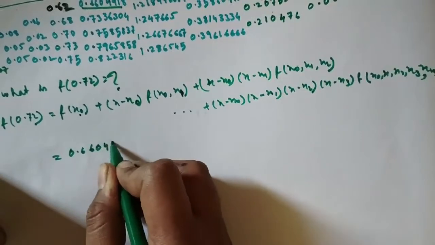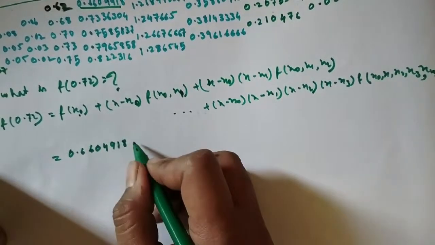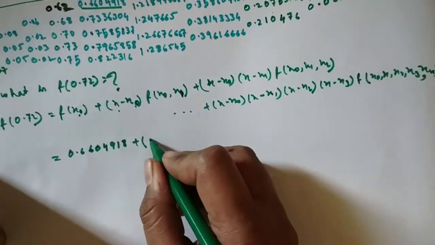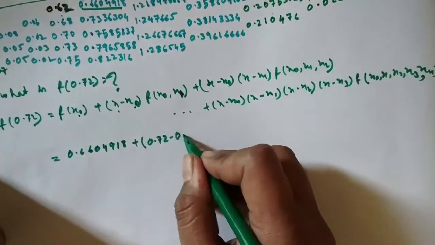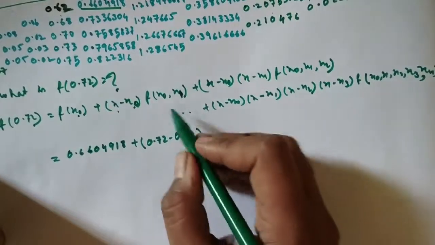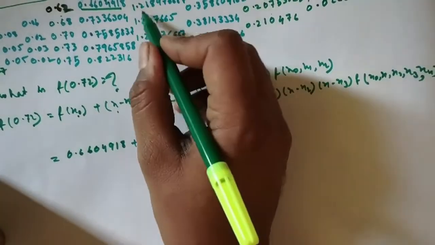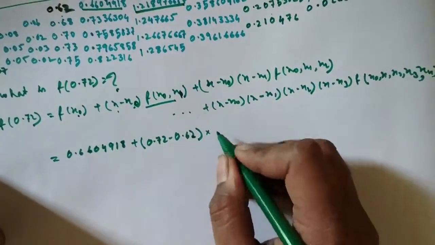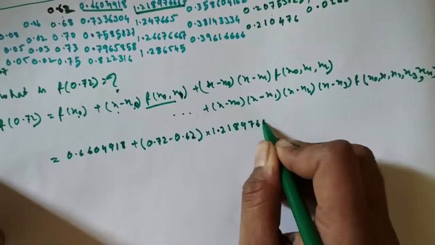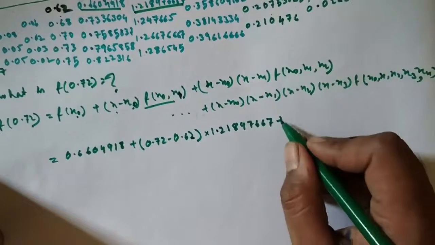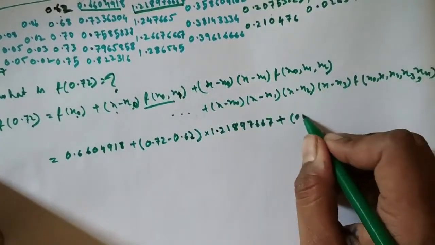So what is f of x0? It is 0.6604918. Okay, and what is x? X is 0.72 and x0 is 0.62. Okay, and what is f of x0 x1? F of x0 x1 is 1.21897667.